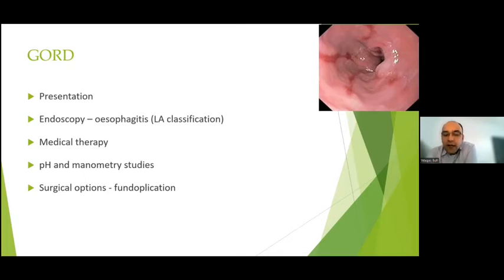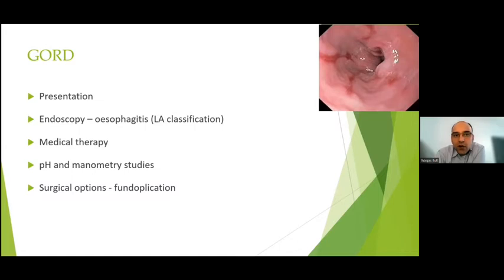So it will help to tell us whether there is any motility disorder of the esophagus, because doing an anti-reflux procedure where there is significant motility disorder can result in dysphagia and may not improve the symptoms of the patient. So that's important. And again, you don't need to go into the detail of that, but maybe you should know that once manometry is done, the findings are classified with what is called the Chicago classification.